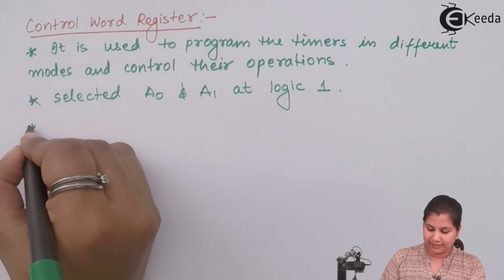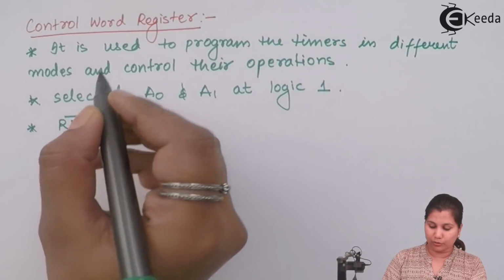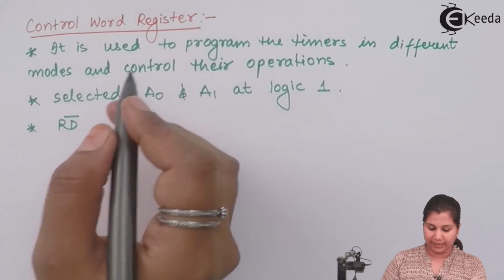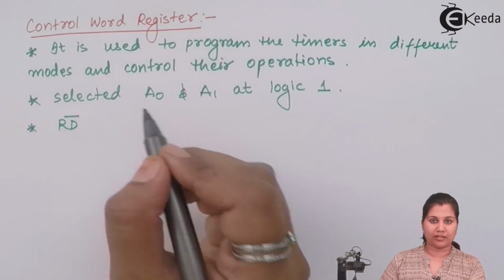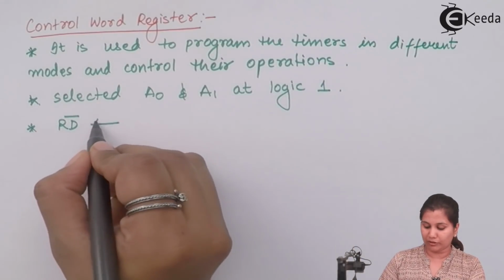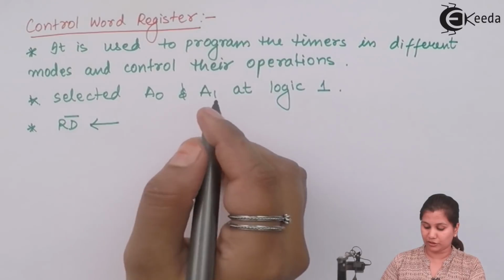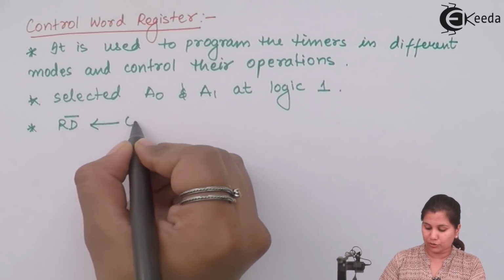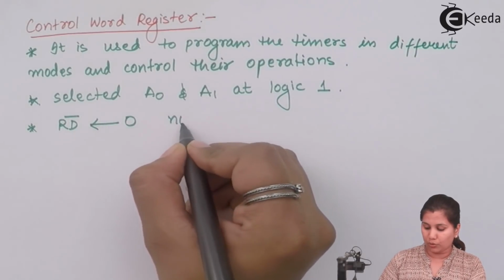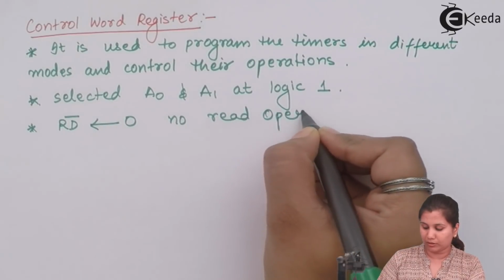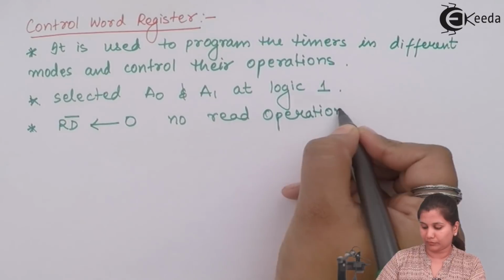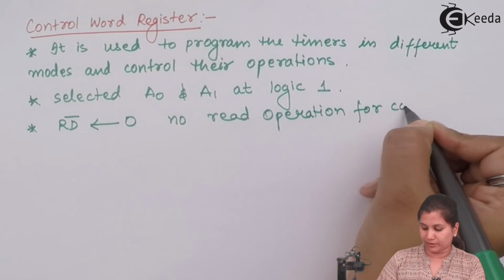Now when the read signal is activated and this control register is selected, because the control register has no read operation associated with it, we cannot read the control register. So when the read signal is low, no read operation is performed for the control register.